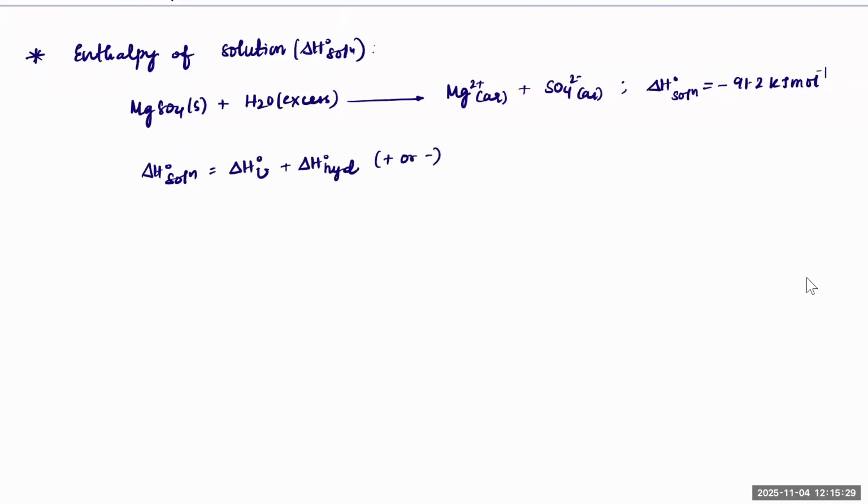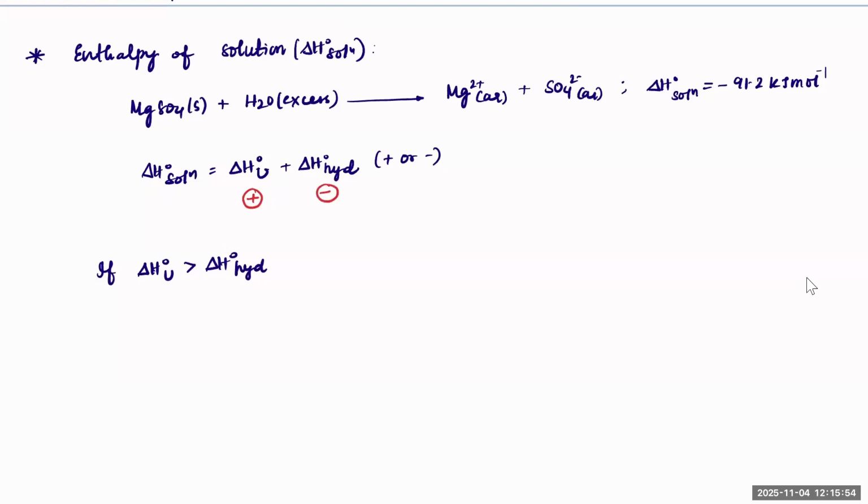Got it? So if delta H naught of lattice is greater than delta H naught of hydration, we notice that lattice is always positive and hydration is always negative.